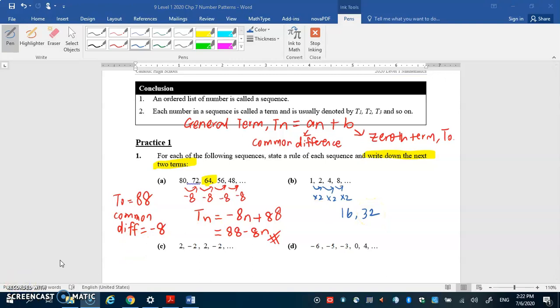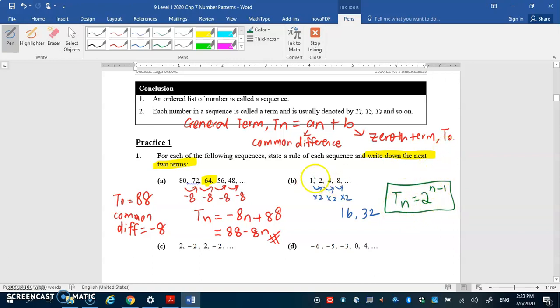Okay, for those who are interested to find out what is actually the nth term formula for this kind of question, it will be Tn equals 2 to the power of n minus 1. Because let's say when n is 1, T1 will be 2 to the power of 1 minus 1. 1 minus 1 is 0, 2 power 0 is 1.